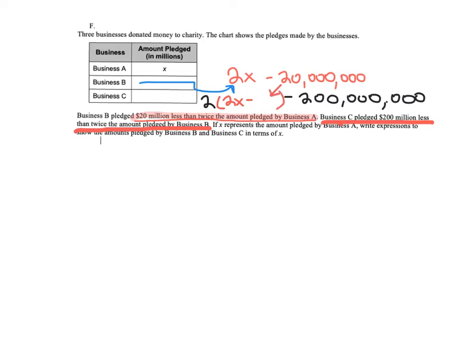I cannot fit that in, so I just drew an arrow. Okay, so again, business C pledged $200 million less than twice the amount of business B. So in our parentheses, even though I ran out of space, it would be 2 times 2x minus 20 million.